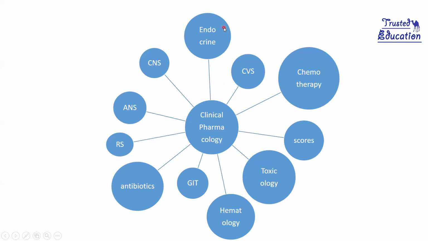The second part that came right after the cardiovascular system is the endocrine. Why is that? Because endocrine includes the topic of diabetes. We know type 1 diabetes and type 2 diabetes. Those are the diseases that a lot of patients are suffering from.